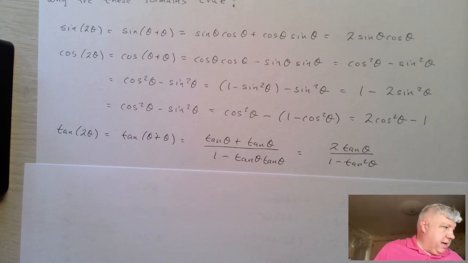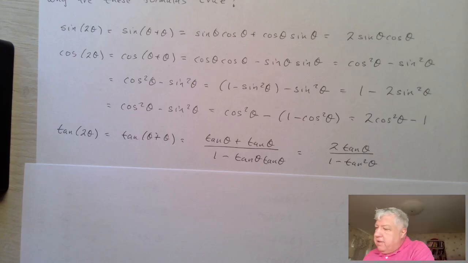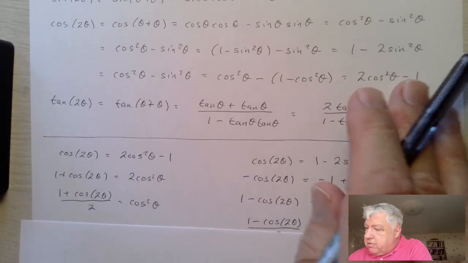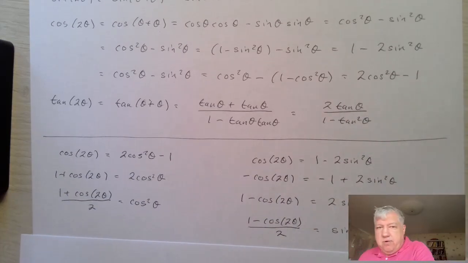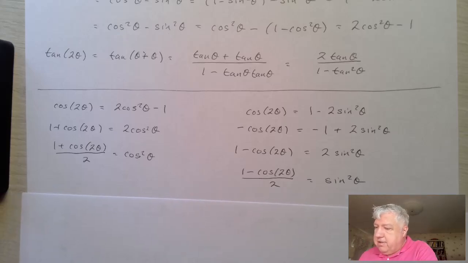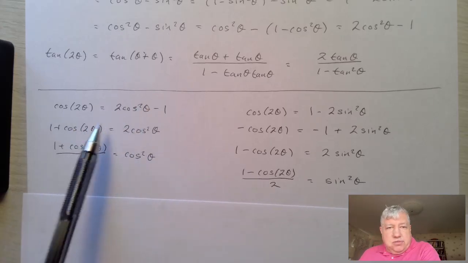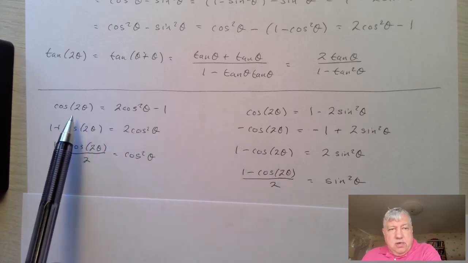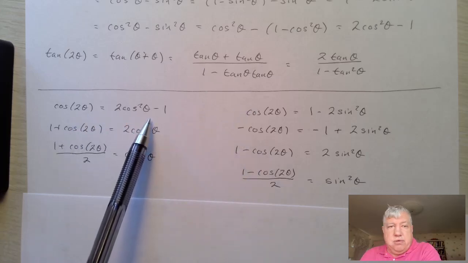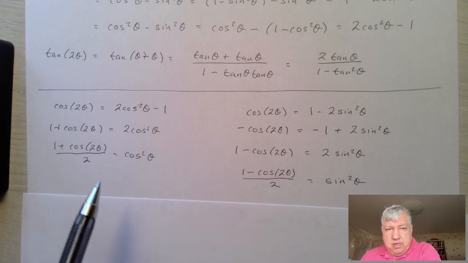Next, let's first get a formula for the square of cosine and the square of sine. From the first set of formulas, we have cosine of 2 theta is 2 cosine squared theta minus 1.